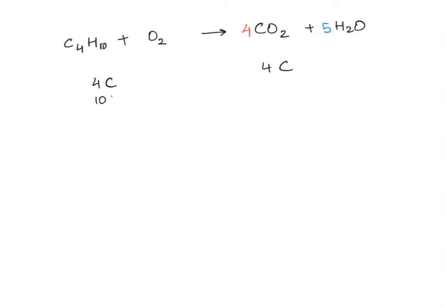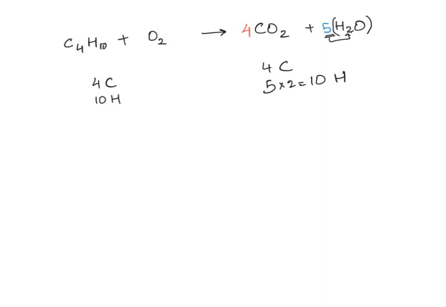Reactant side 10 hydrogens, product side 5 multiplied by 2. This 5 holds for the entire compound, so there are 5 waters, 5 times 2, which is 10 hydrogen atoms.